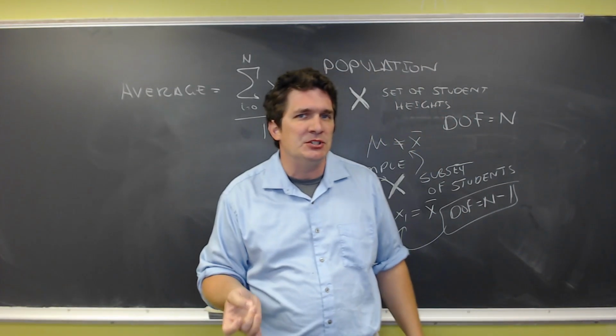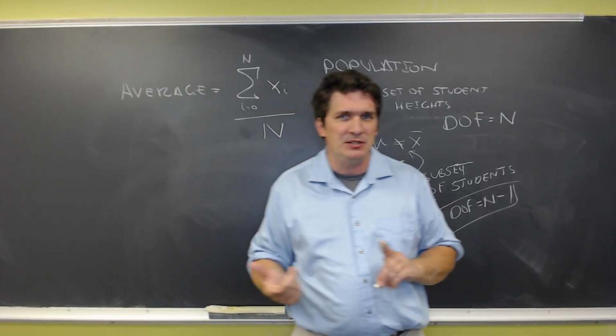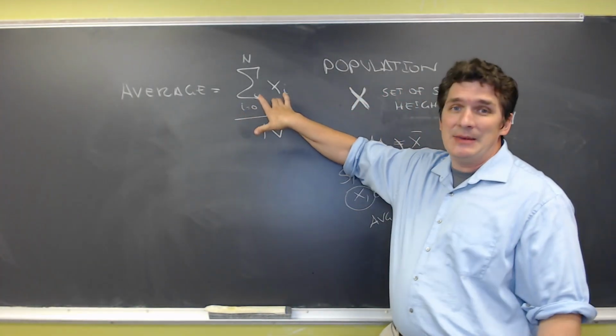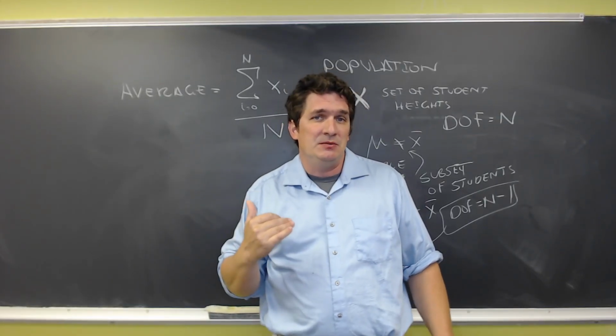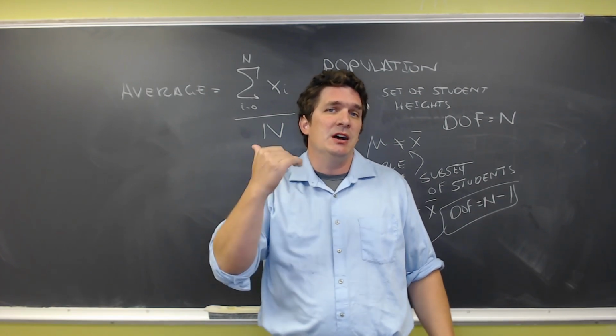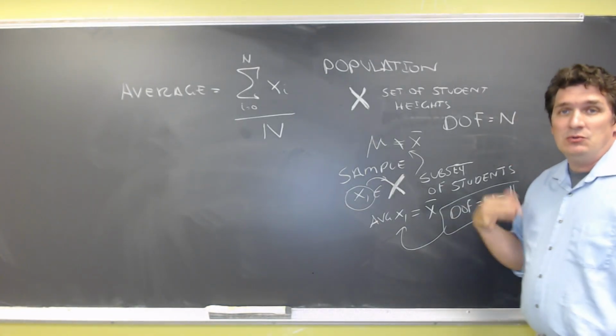When you're taking an average, are you taking an average of the complete population or a subset of the population? If you're taking the average of the complete population, then yes, you can still think about it this way. This is correct. But if you're taking an average of a subset of a population, for whatever reason you're not able to measure the full population, and you're using that to estimate the average of the larger complete set, one, you're going to lose a degree of freedom because you are estimating.